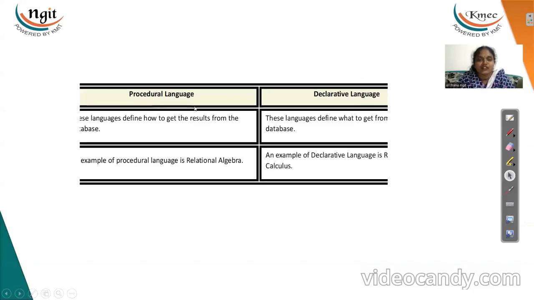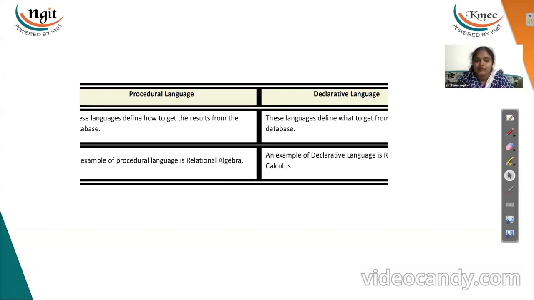Procedural languages, which we have used so far, focus only on how to get the results from the given set of data items or from the database. Whereas in declarative language, we do not focus on how to get the results, but in fact on what has to be retrieved when we perform a particular query. The example of a procedural language is relational algebra, whereas the example of a declarative language is relational calculus.